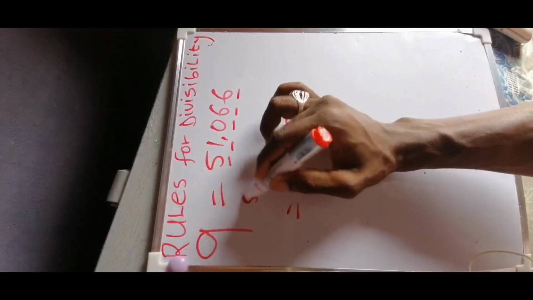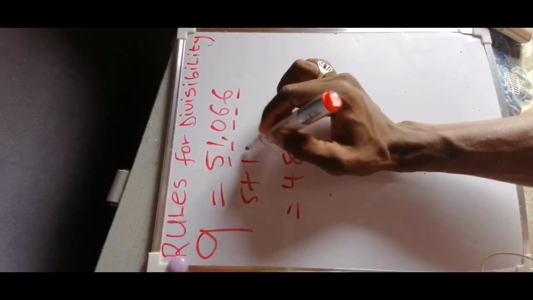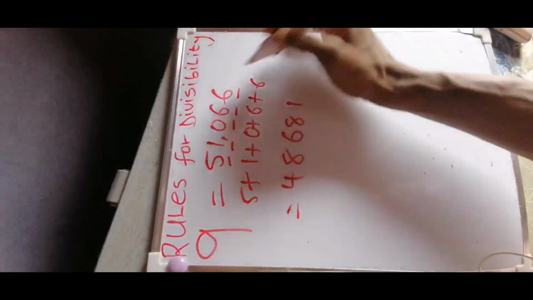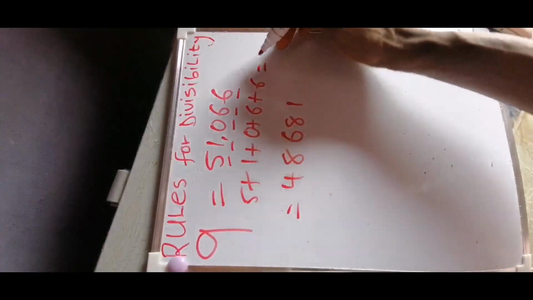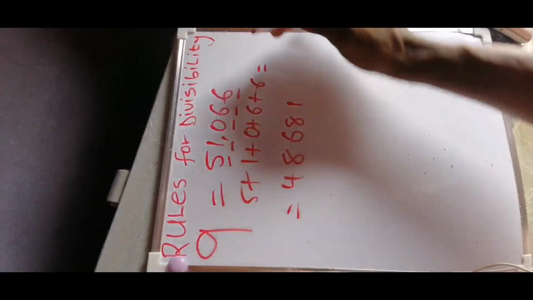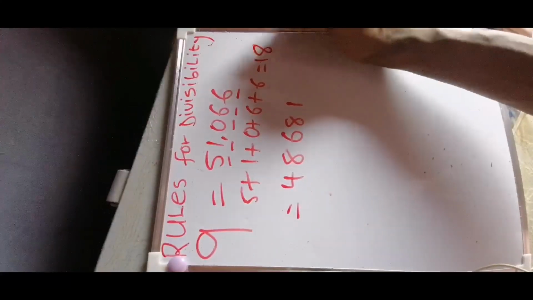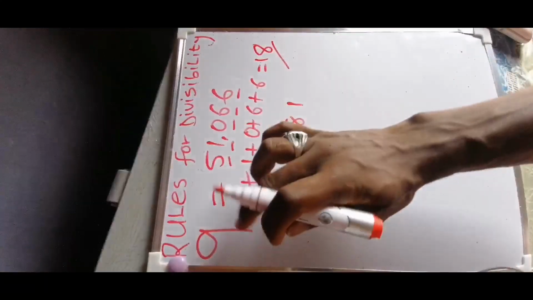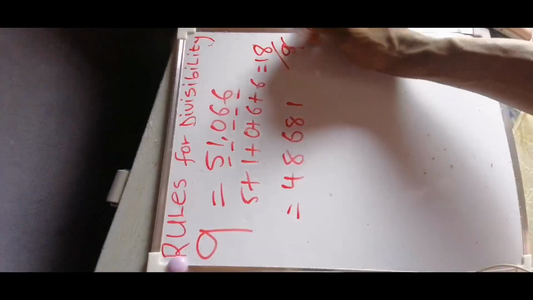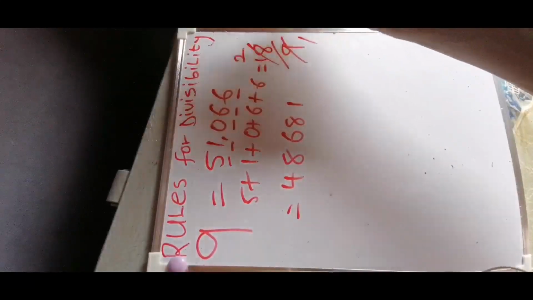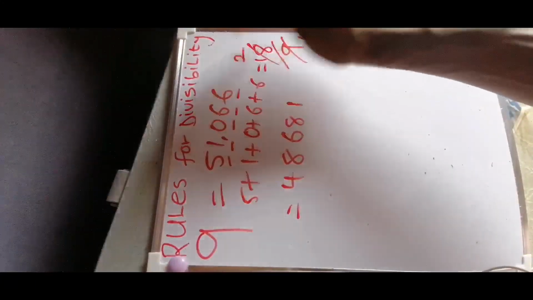So 5 plus 1 plus 0 plus 6 plus 6 equals 18. So 18 can be divisible by 9. 9 into 18 is 2.